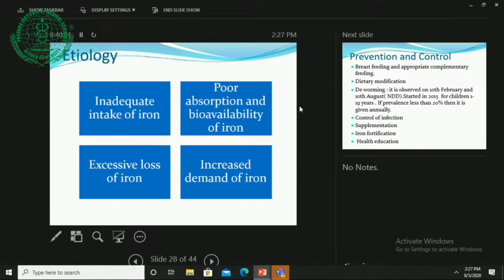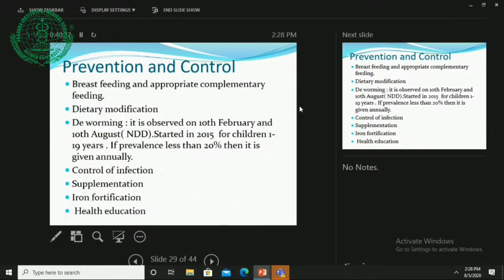Then excessive loss of iron, and this is because of too many deliveries, menstrual problems, peptic ulcers, hemorrhoids, and the hookworm infestation. These are responsible for excessive loss of iron. Then increased demand of iron is during the growing phase and during pregnancy. So here you need to take care of mothers who are pregnant, prescribe them the prophylactic doses of iron.